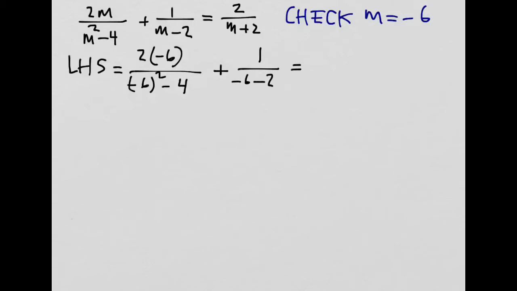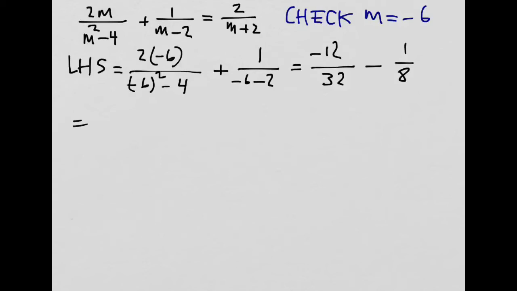That's equal to minus 12 over 36 minus 4. That's 32, plus 1 over minus 8. That's minus 1 over 8. Let's simplify minus 12 over 32.